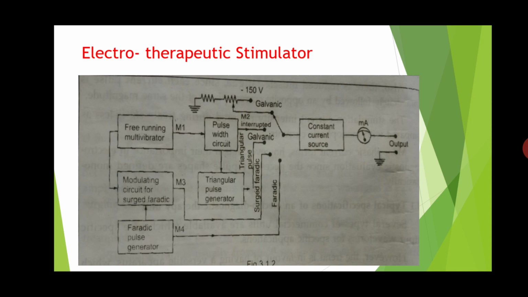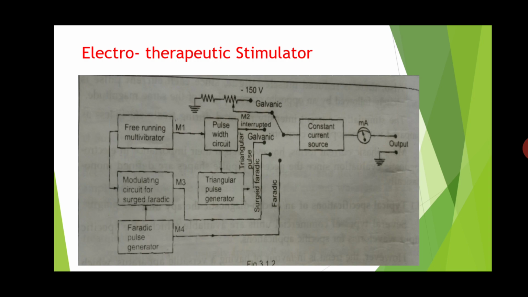The Faradic currents are usually modulated at the frequency set by the multivibrator M1 in a mixer circuit, that is the modulating circuit for surged Faradic. Since the modulation of Faradic pulses takes place with a slow rate of increase or decrease, the output of M4 is the surged Faradic current.